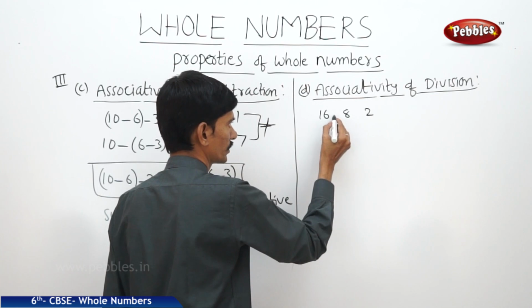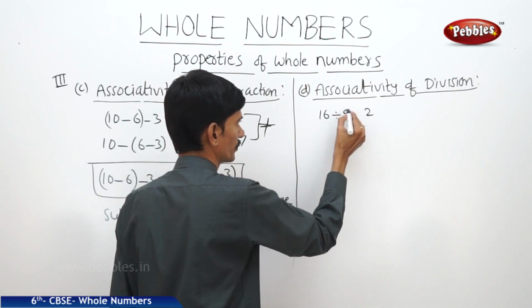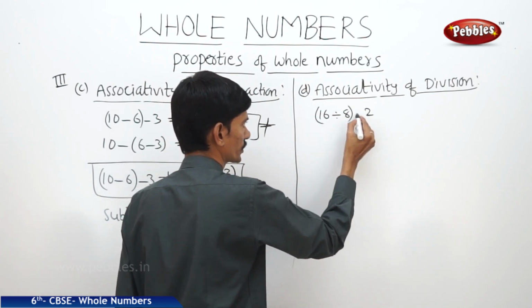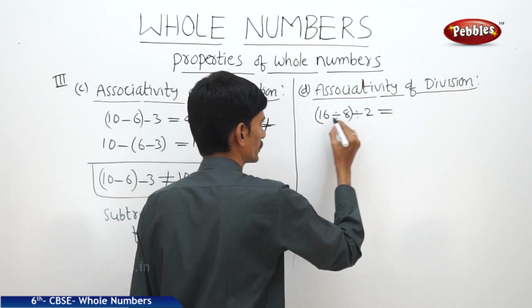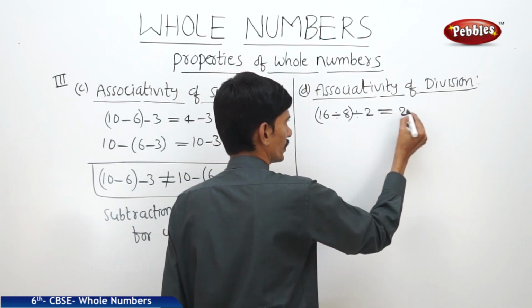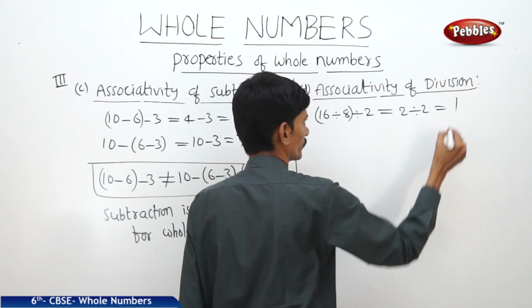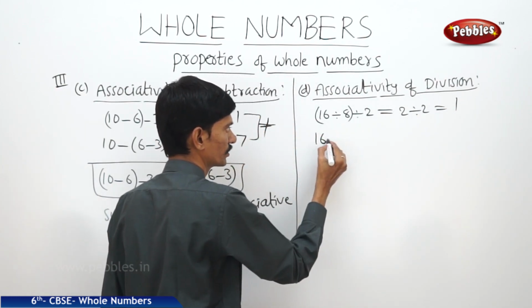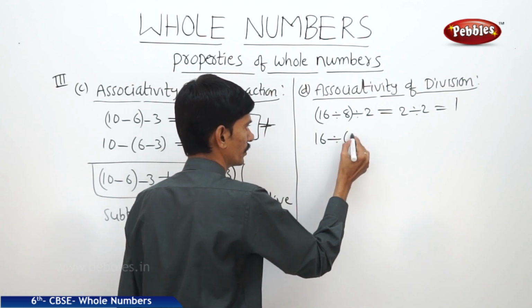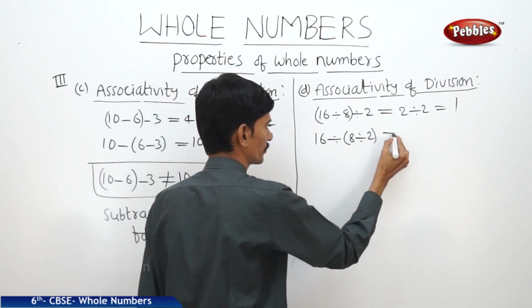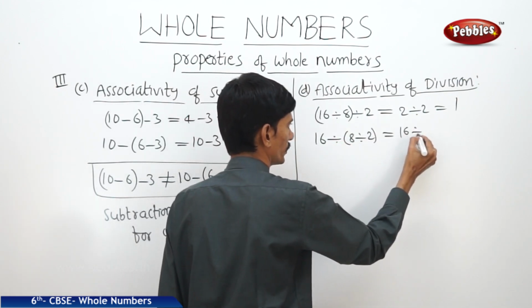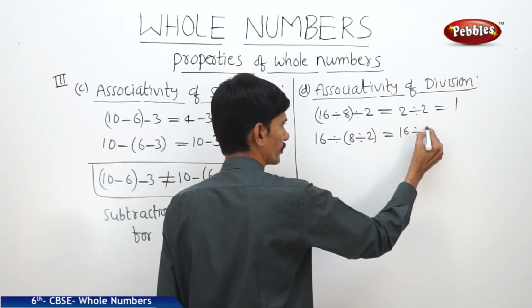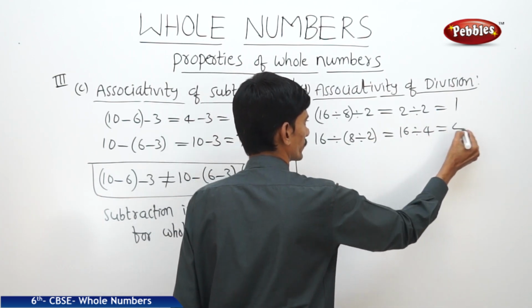First we divide 16 by 8, then we divide this quotient by 2. So 16 by 8 is 2, divided by 2, equals 1. Then here we group 8 and 2 together: 16 divided by (8 divided by 2) equals 16 divided by, 8 by 2 is 4. Then 16 by 4 is 4.